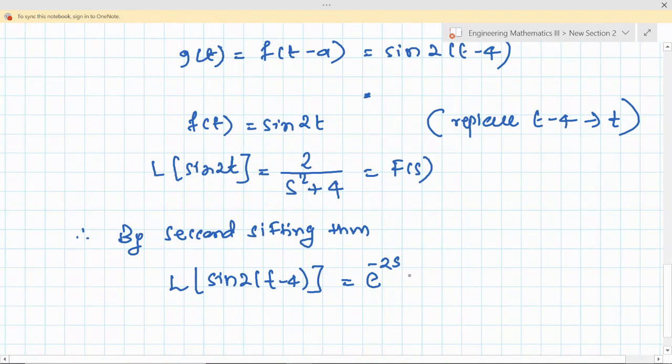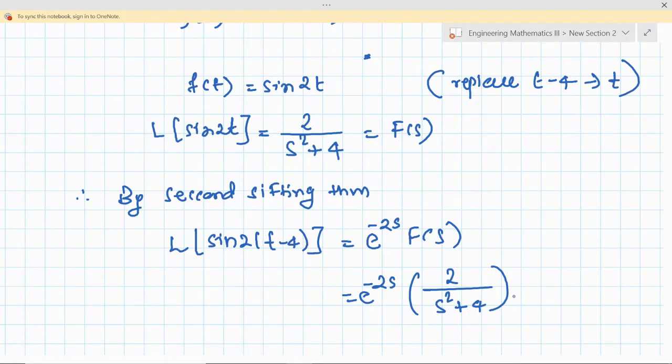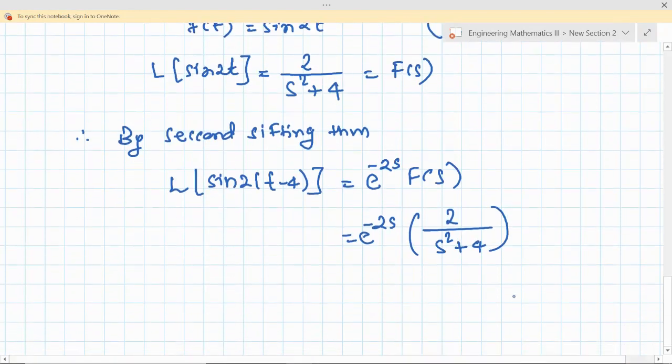Since a is nothing but 2, into F(s). And what is F(s)? This is e raised to minus 2s into 2 divided by s square plus 4. This is my second shifting theorem, and this is the example that will help to understand it.